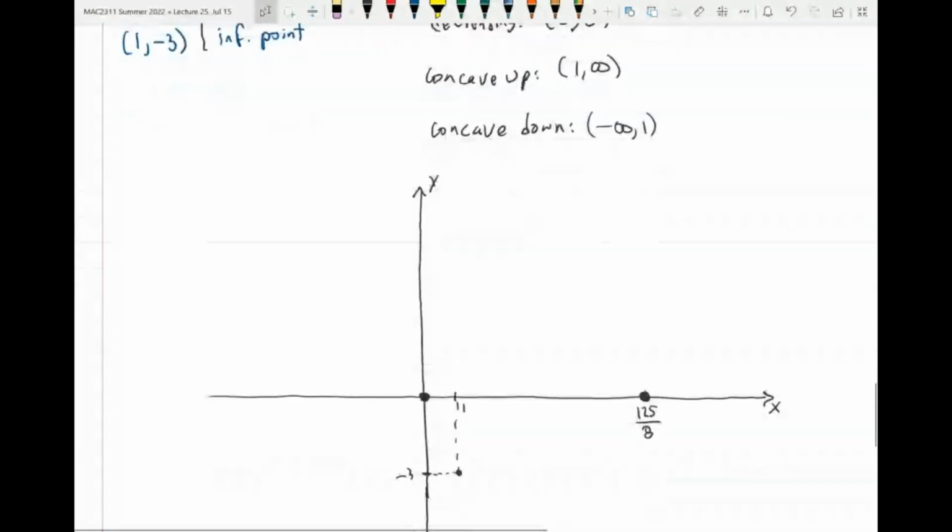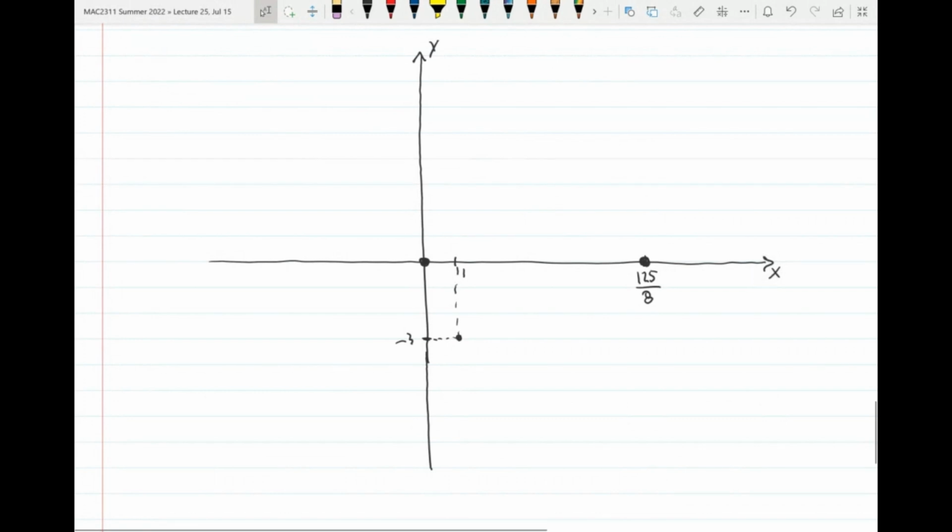Okay, then 8, negative 16. That's a relative minimum. So 8, negative 16. All right, so 8, I'm gonna put it more or less halfway here. Okay, negative 16. I'm just gonna put negative 16 here. Again, we're just sketching, okay? And if this bothers you too much, then let's put the negative 3 somewhere in here, a little bit closer.